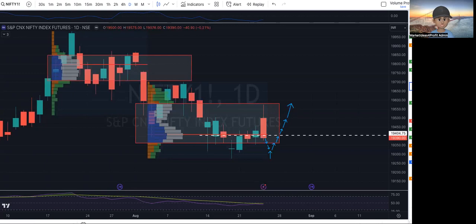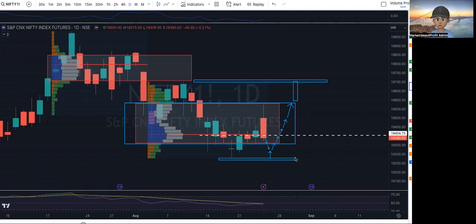This is a range that we should be operating in for some length of time, unless we decide to break on the top side, and that could take us to somewhere in these areas. Now, suppose we don't take this support and move lower, that will take us to the lower half of the market. But this is the likely scenario that I see in Nifty in the coming days.